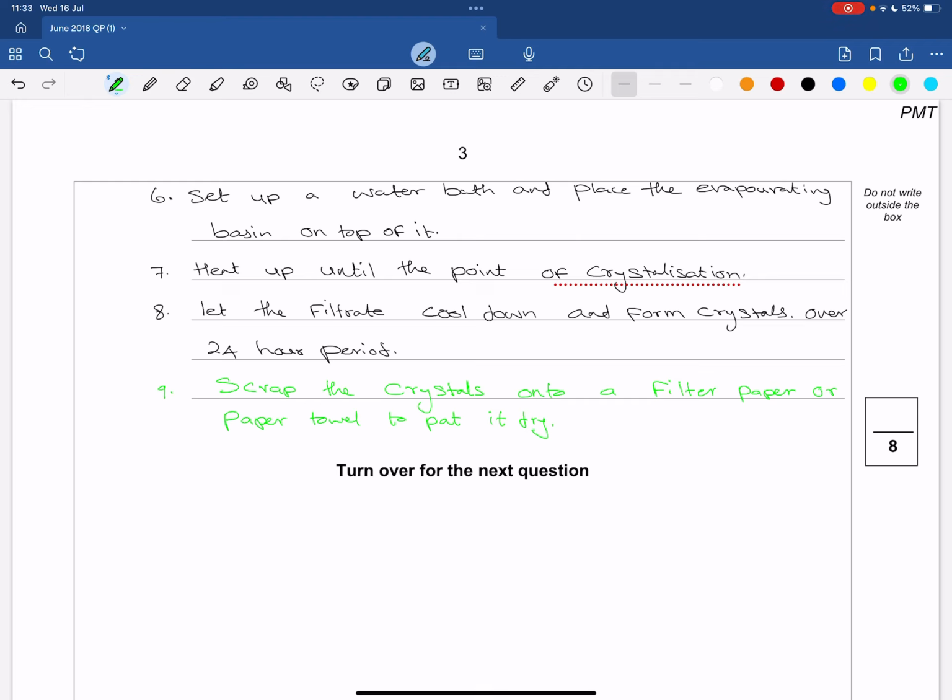You can keep the evaporating basin near a windowsill so that it can evaporate the excess water. And once you come back to collect your crystals, scrape them using a spatula, put them onto a paper towel or filter paper and gently pat them dry.